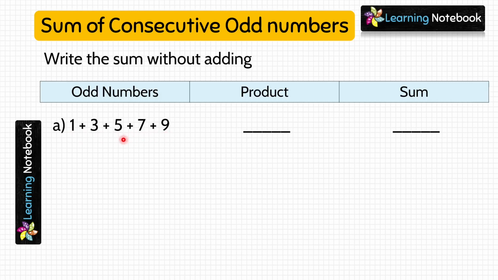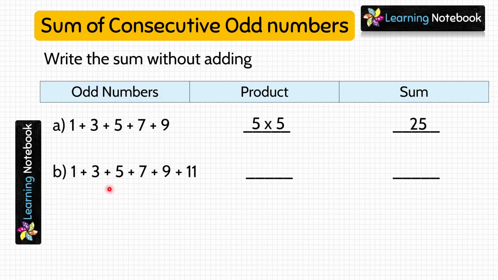So these are the first 5 consecutive odd numbers. So we can write them as 5 into 5, which equals 25. So we got the sum of these consecutive odd numbers without even adding them. We got their sum as 25 without adding them.